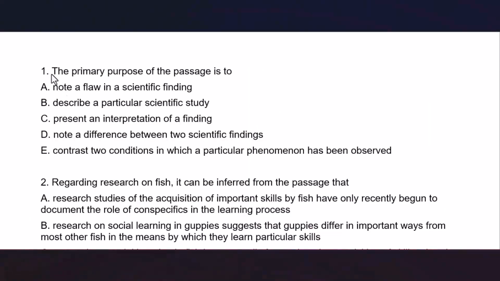Question one: the primary purpose of the passage is to, option A, B, C, D, and E. This question is the primary purpose question, which is a common kind of question on the GRE exam. And this question asks you to identify the primary purpose of the passage.